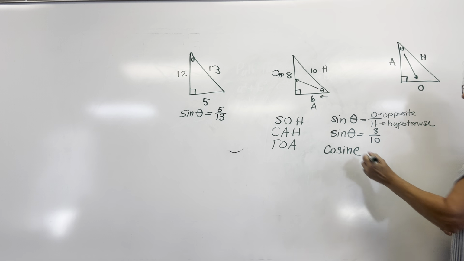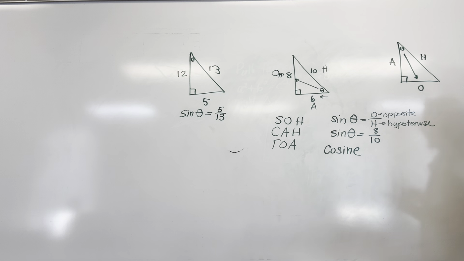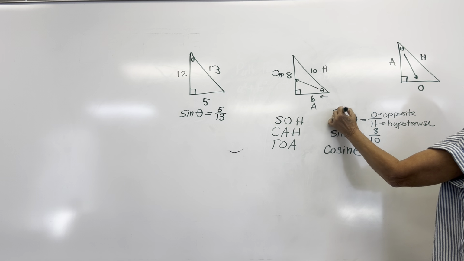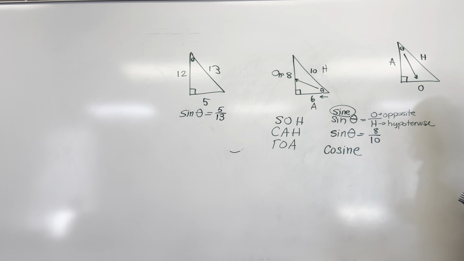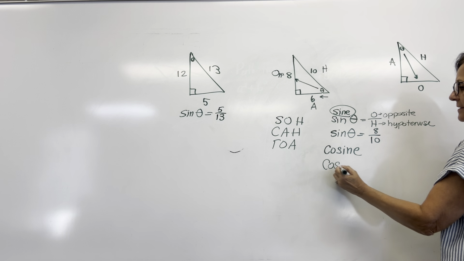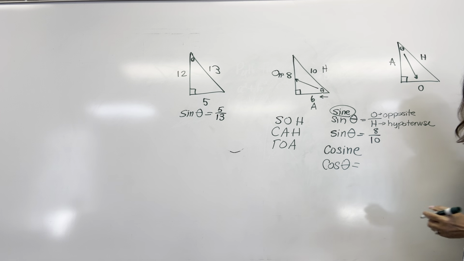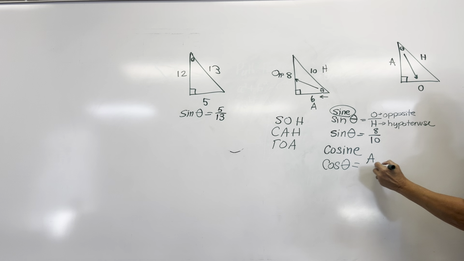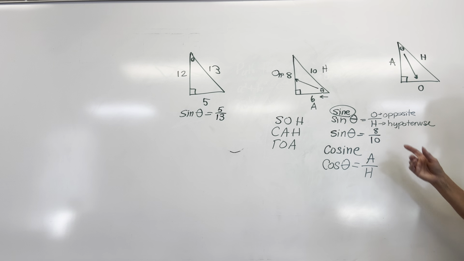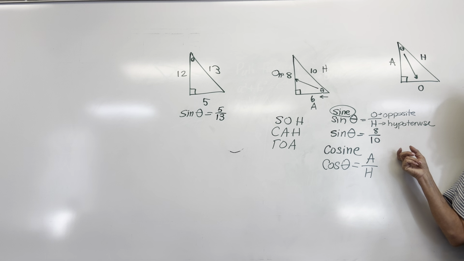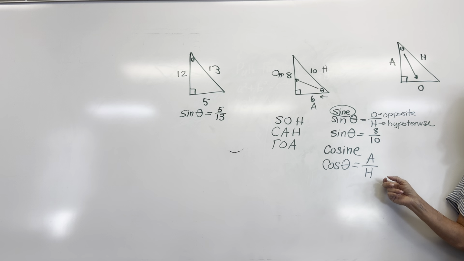Sine is spelled S-I-N-E, the whole word, and abbreviated S-I-N. The cosine is abbreviated C-O-S. The cosine of any angle equals A over H, the adjacent side over the length of the hypotenuse.